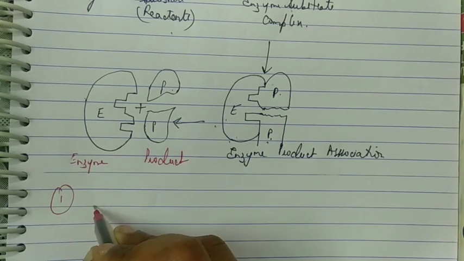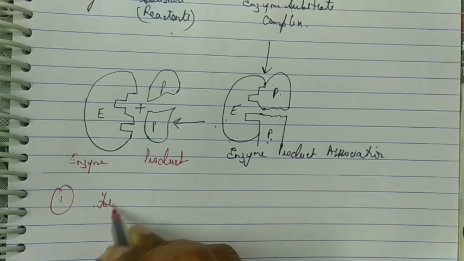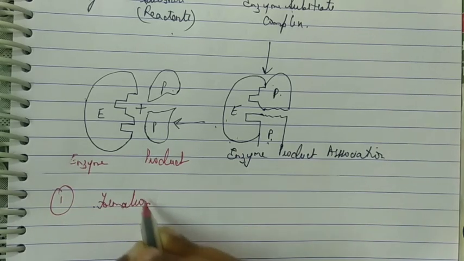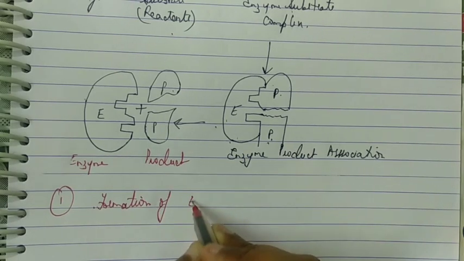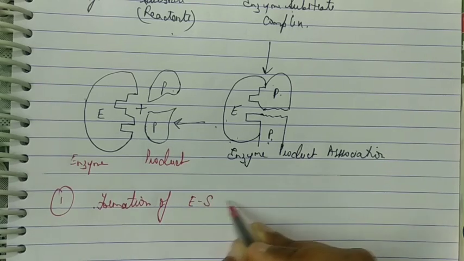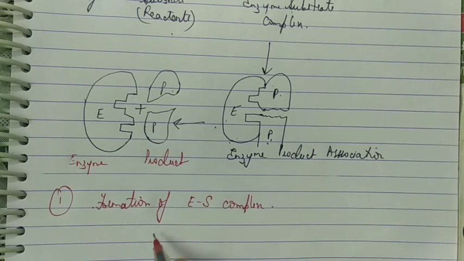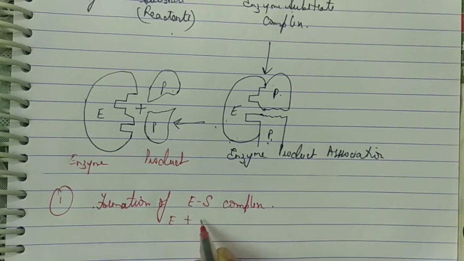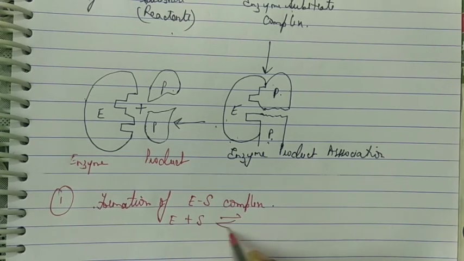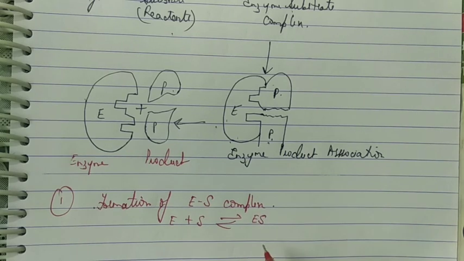The first step was formation of enzyme substrate complex. That is, enzyme plus substrate will give you enzyme substrate complex.